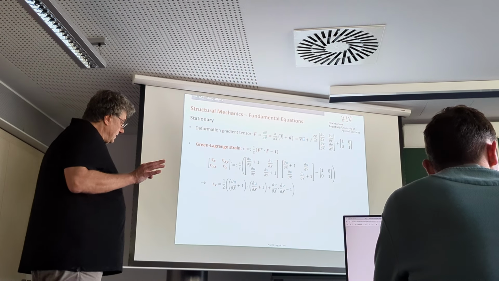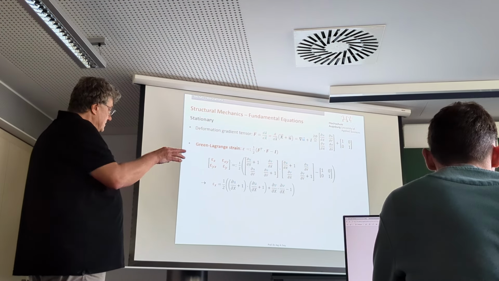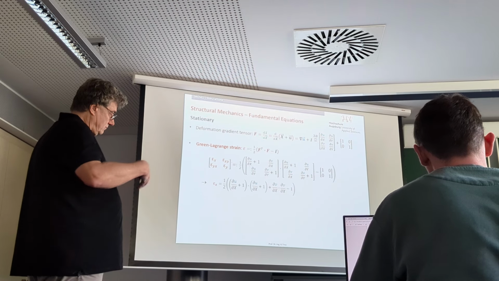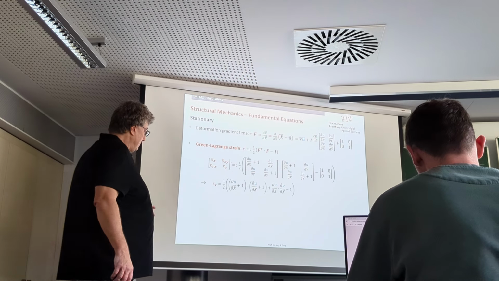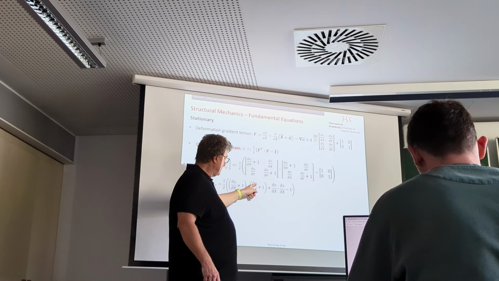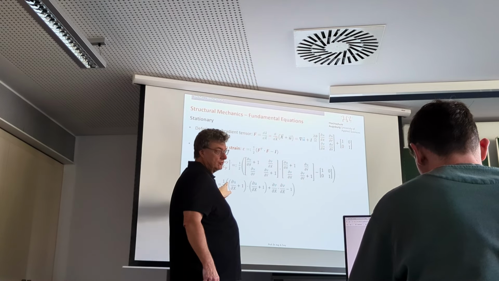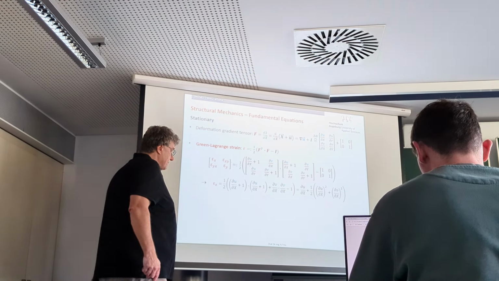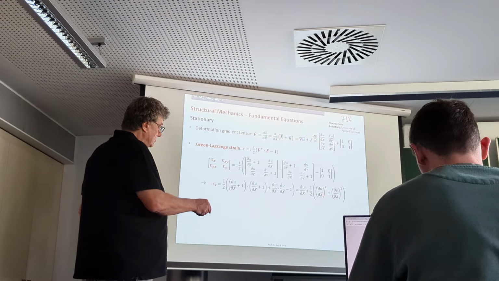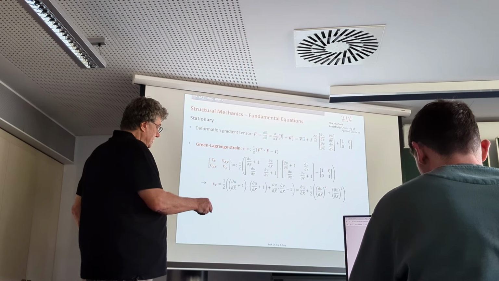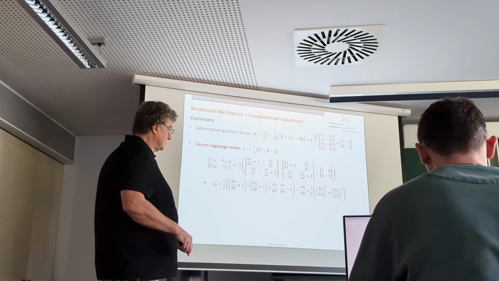Maybe this is the last thing I try to put an emphasis on, the rest I will go through more quickly. From here you see we get terms which are quadratic in u: du over dx squared.